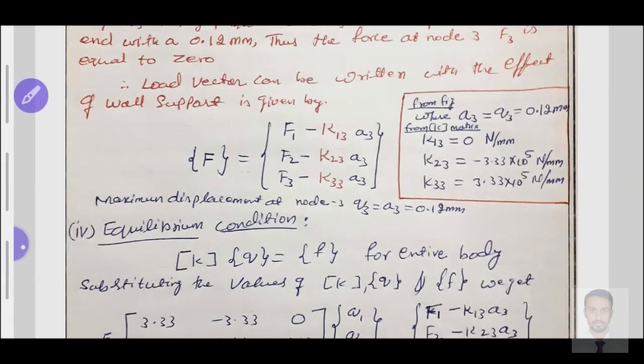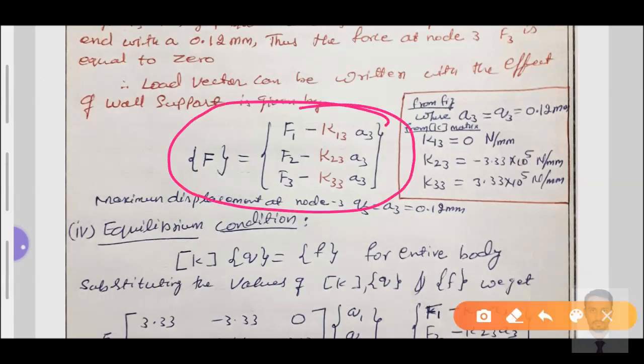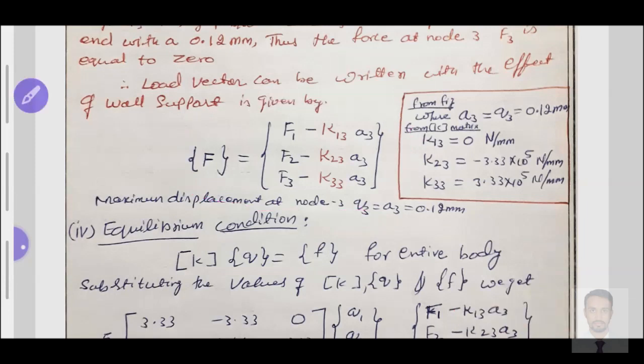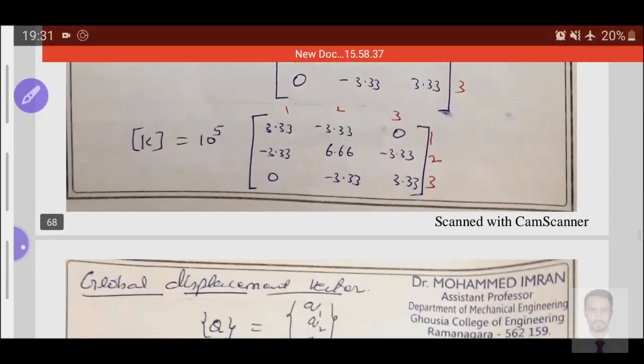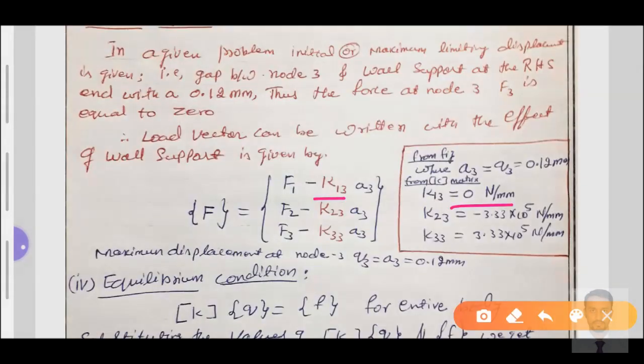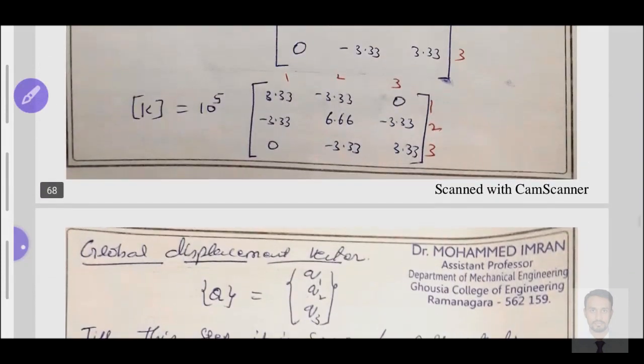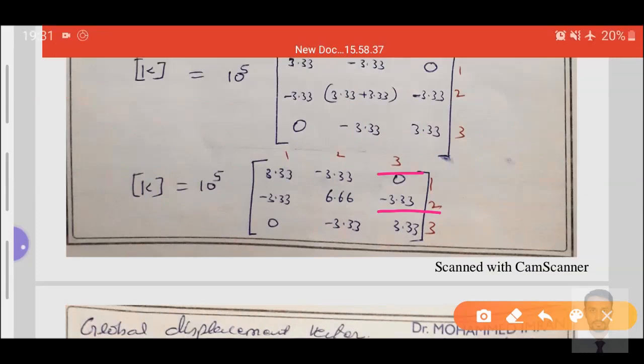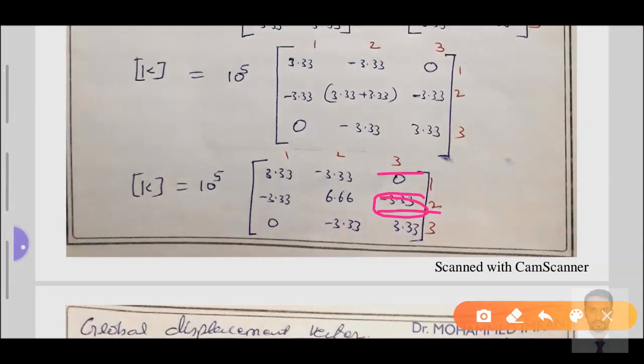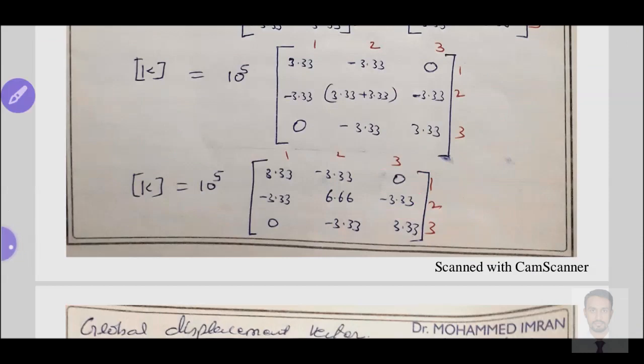This concept is very important while we consider a wall effect on an applied force in a given problem. So what are this K13, K23 and K33? These three values we'll find now from the stiffness matrix. K23 is the second row, third column.